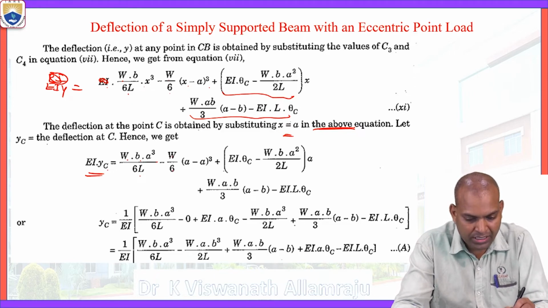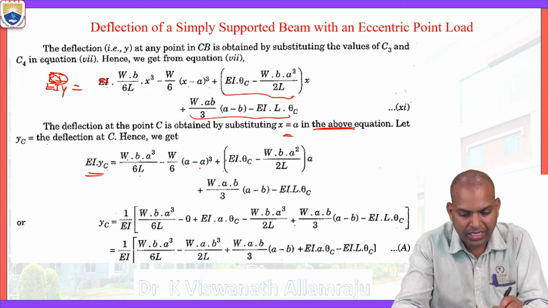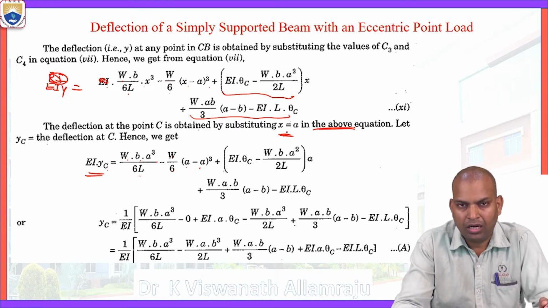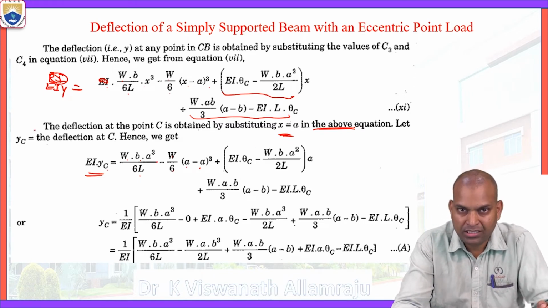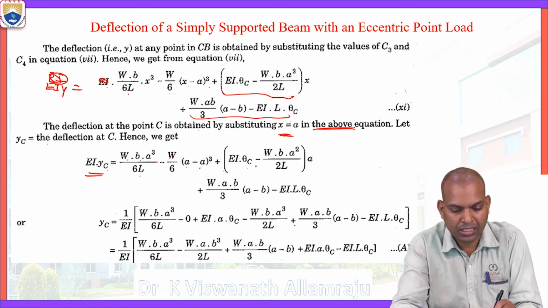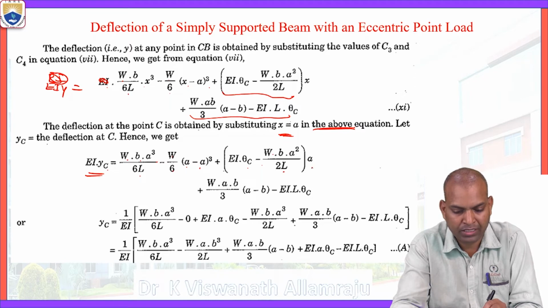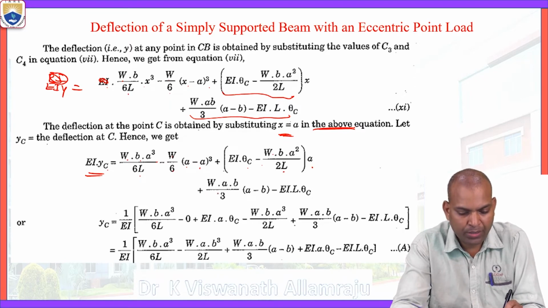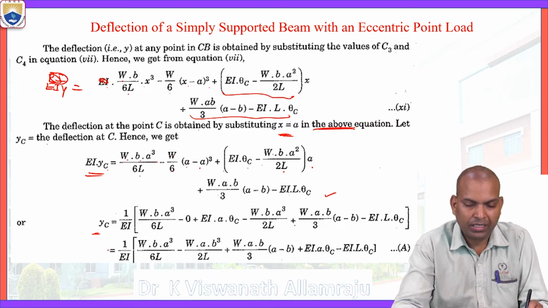Then W by 6 times (A minus A) whole cube plus the terms at x equal to A. The eccentric load is acting at a distance of A from the left support. EI times theta C minus WB A square by 2L times A plus WAB by 3 times (A minus B) minus EIL theta C.